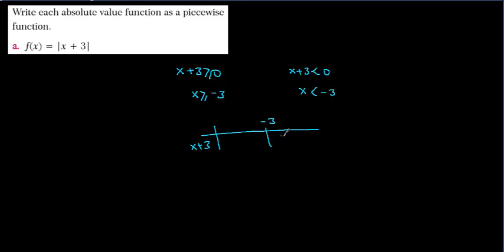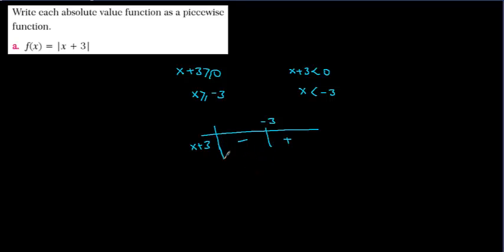X plus 3 is positive when greater than minus 3, and negative when less than minus 3. When you choose one value greater than minus 3, let's choose minus 2: minus 2 plus 3 is equal to plus 1. So on this interval the values are going to be positive, and on this interval the values are going to be negative.